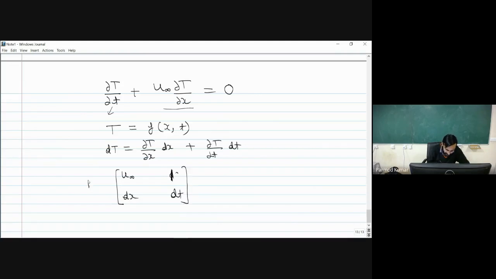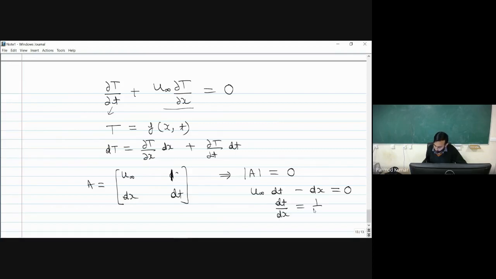Now if I have to find out the characteristic direction, for finding out characteristic direction, we have to take the determinant of A equal to 0. So if you take the determinant of A equal to 0, what will you get? u infinity into dt minus dx will be equal to 0. So from here I find that dt by dx is equal to 1 by u infinity.